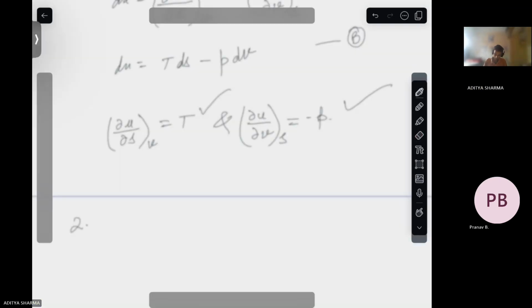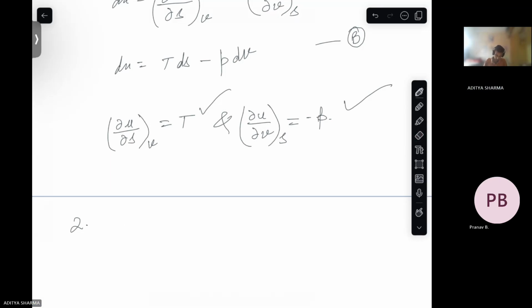enthalpy, okay? Enthalpy is a function of S and P, right?